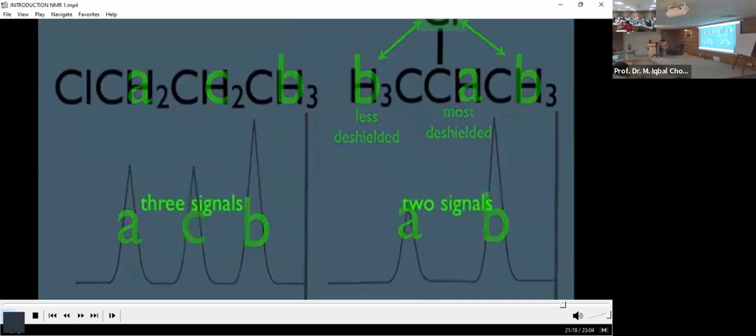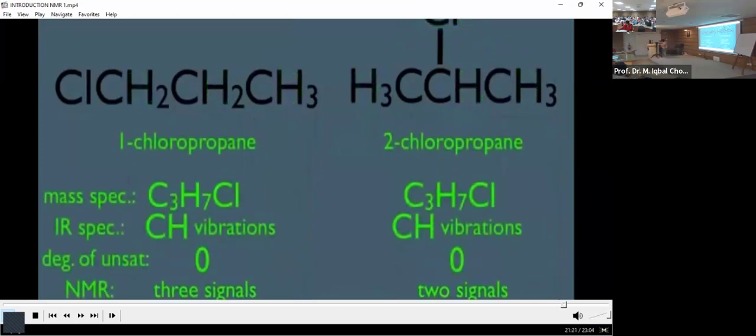So notice, in summary, by using all of our available machines, the mass spec, the IR, and the NMR, we can unequivocally determine what our sample molecule is. And take note, it's the combination of more than one machine that's helping us determine the identity of an unknown sample. Each machine plays a very important role.